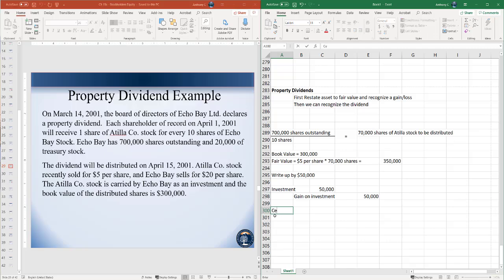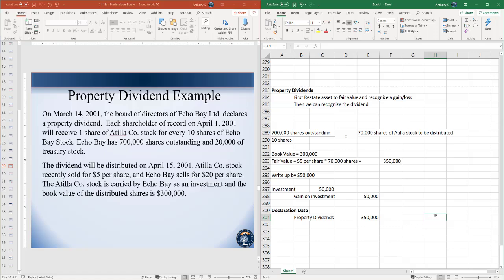So for the declaration date, we've pretty much just said we're going to pay out a property dividend of $350,000, because that's the value of this property. So we can debit property dividends. If you remember before, for cash, you just debited dividends.